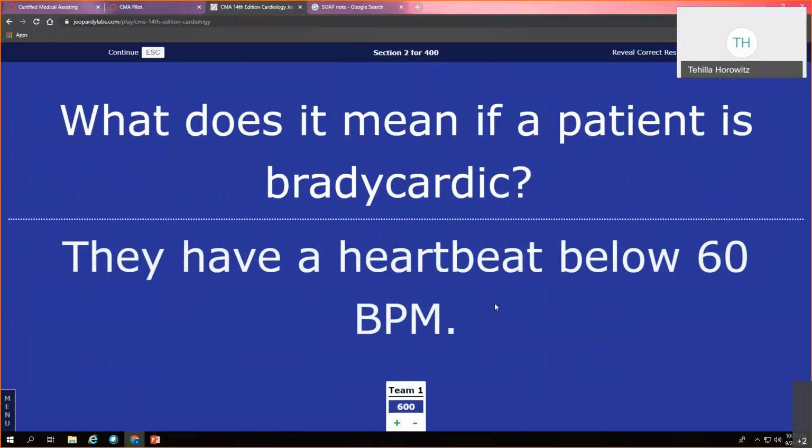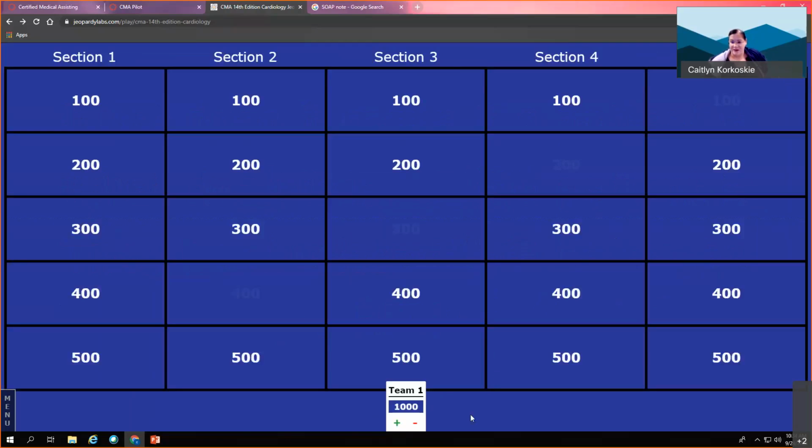So anything below 60 beats per minute is considered bradycardic, so they have a slow heart rate, which isn't always bad. Some people, especially athletes, have a slower heart rate, and it's not necessarily a bad thing. Okay. Which one do you want to go for now?